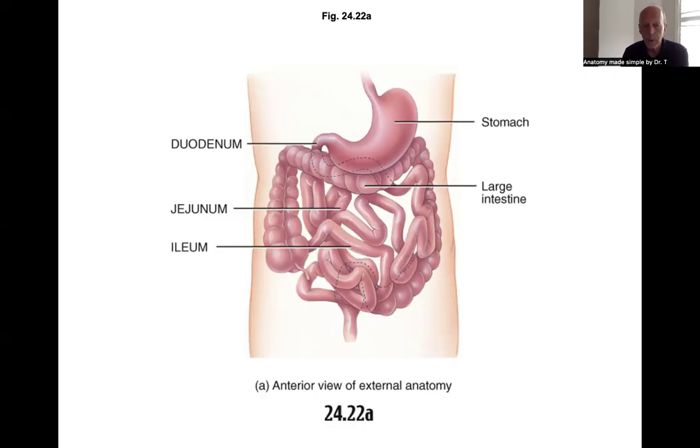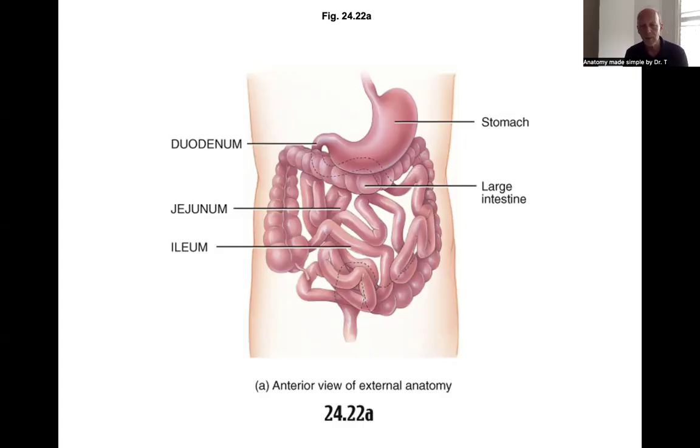Should our journey continue from the duodenum, we get into the second part of the small intestine, known as the jejunum. As a rule of thumb, most of the jejunum is located in the upper left quadrant of the abdomen, and then seamlessly, without any easily recognizable anatomical landmarks, the jejunum becomes the ileum.